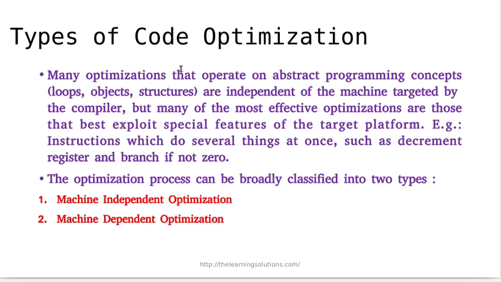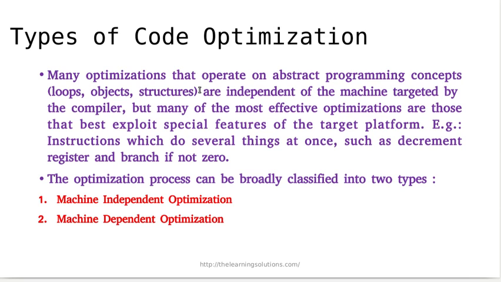Sometimes the optimization process depends on the target machine, that is, on the architecture of that target machine. Based on that architecture, we need to consider its architecture principles, the use of registers, the memory requirements, and the instruction cycle that the optimizer has to use.